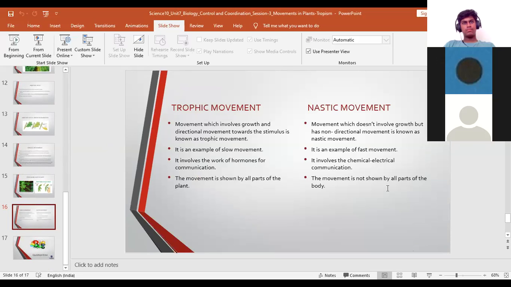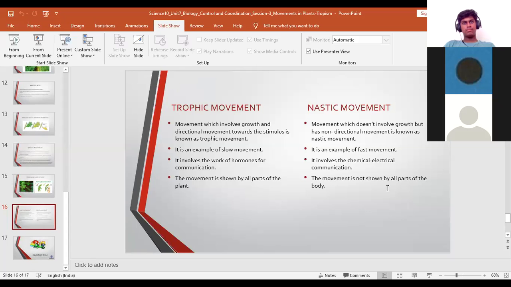The basic difference between nastic and tropic movement is that tropic movement involves growth and direction. Nastic movement involves only response to stimuli. Growth is not involved, and direction also is not involved in the way that there is no specific direction we can predict in which the movement will happen.